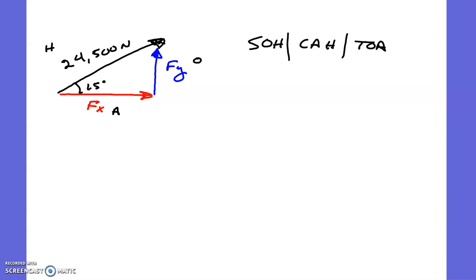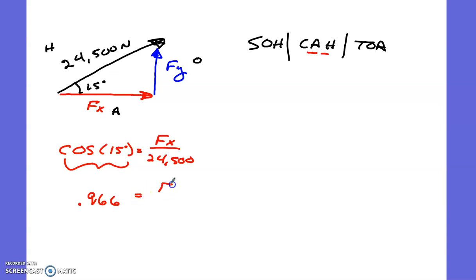Let's solve for Fx first. That is the adjacent side, and we know the hypotenuse, so we're going to use the cosine. We have that the cosine of 15 degrees is the adjacent, which is Fx, divided by the hypotenuse, which is 24,500. Now remember that this cosine of 15 simply represents a number, and in this case, you either look it up on your trig table or type it in your calculator. It is cosine of 15, which is 0.966.